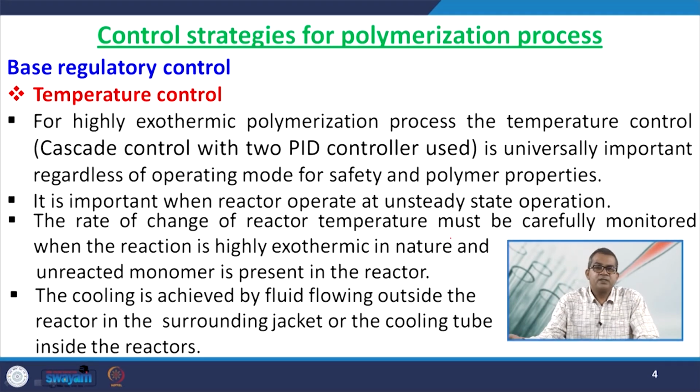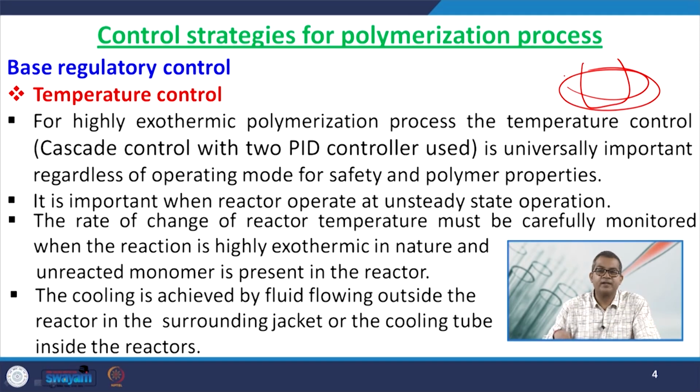Now, cooling is usually achieved by fluid flowing outside the reactor. This is your reactor, and usually cooling jackets are encountered with this reactor. So this is achieved by fluid flowing outside the reactor, maybe in the surrounding jackets, or sometimes there may be circulating cooling tubes within the reactor.